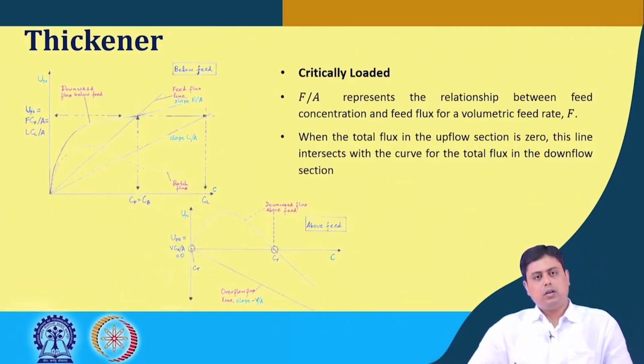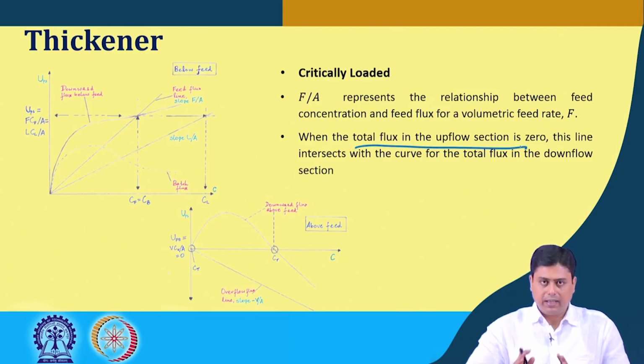I hope you have got this point, because this is the critically loaded scenario, the critical point where the thickener is working. Critical means there is no particle flask in the upflow section.